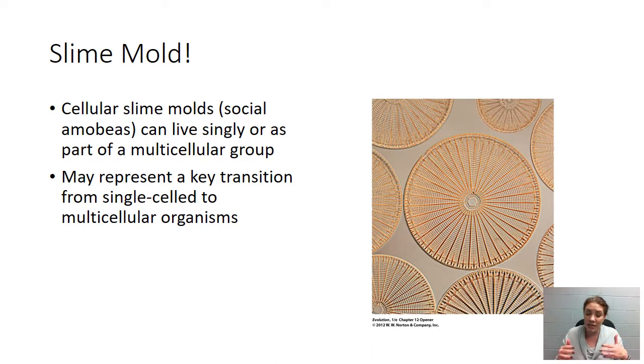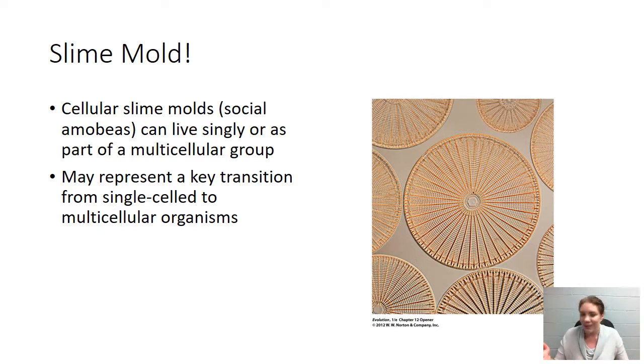And we get to start by talking about slime mold. And this is actually a diatomaceous algae that you're looking at. The cell walls are actually made out of silica, so very similar to glass. Some slime molds can actually live singly as individual cells, and others can live as parts of multicellular groups.